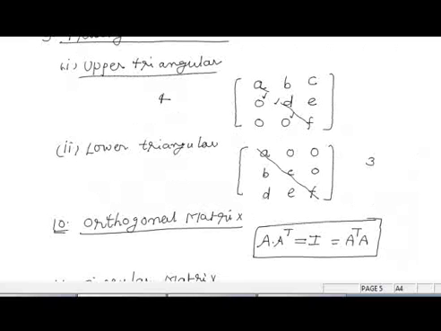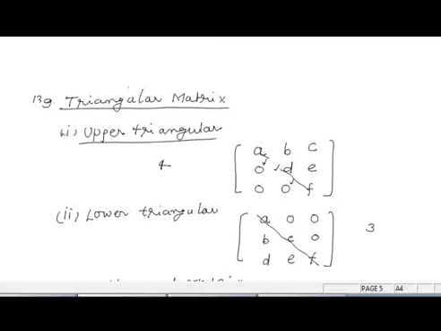Next type of matrix is Hermitian matrix. So when Aij is equal to Aji complex conjugate, then the matrix is called the Hermitian matrix.